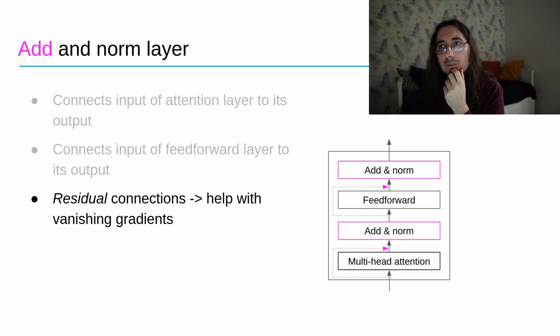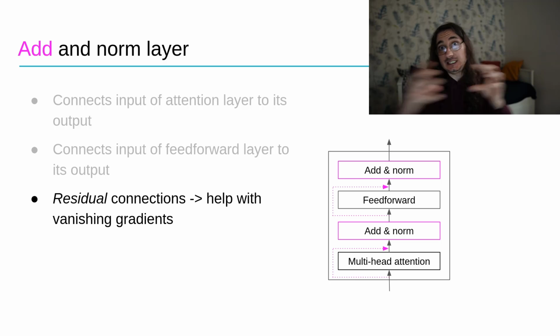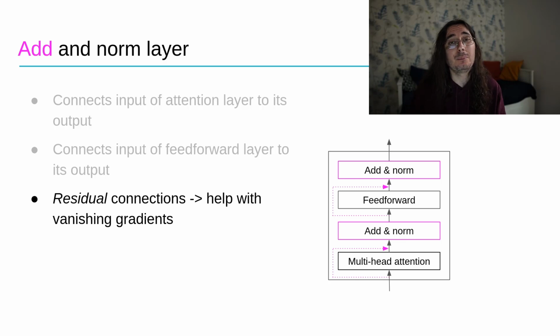Because they help mitigate a huge problem that we found in deep networks, and that is the problem of vanishing gradients. When you have a lot of layers, the gradients tend to vanish. They become super small, and it's very difficult to continue training if you have small gradients, because you can't really optimize the moment those gradients vanish. So by using these skip connections, we help mitigate the problem of vanishing gradients.